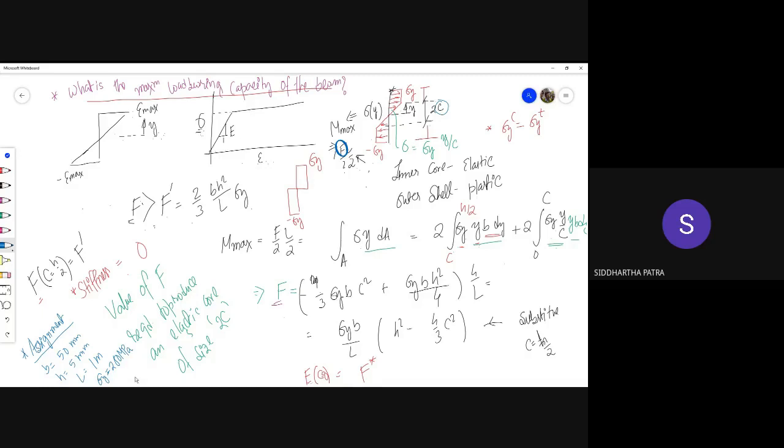So I need you to be able to plot C versus F in an Excel sheet. Of course, the functional representation is F with respect to C, but once you take a bunch of C's, so C goes from H by 2 to 0. So this is going to be kind of a relation like this, or maybe like this.